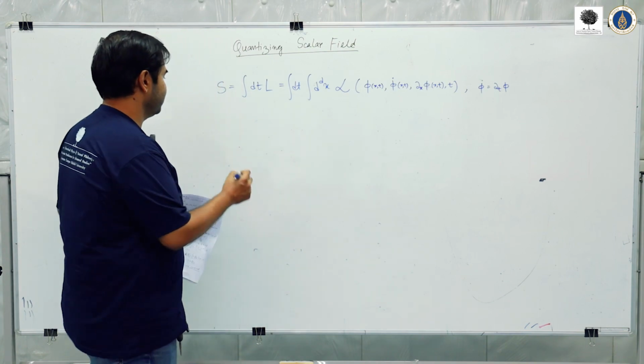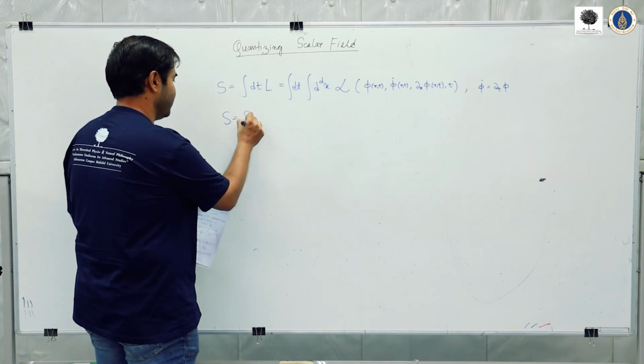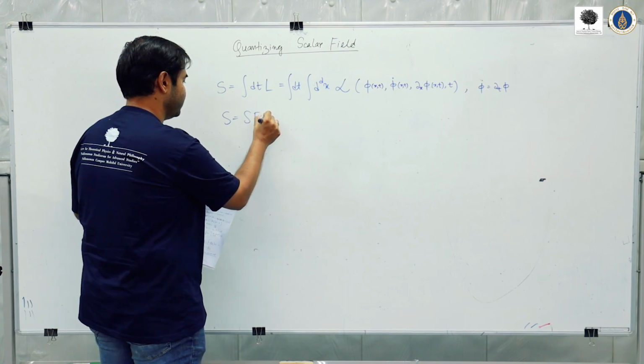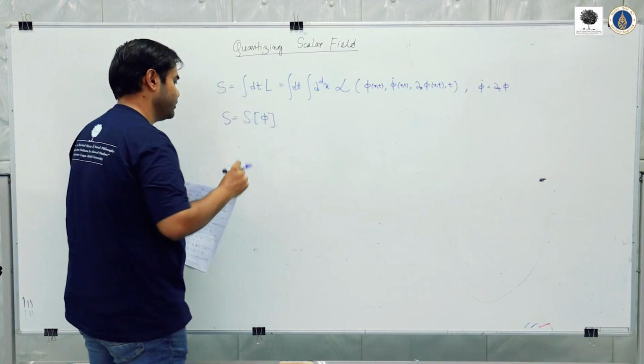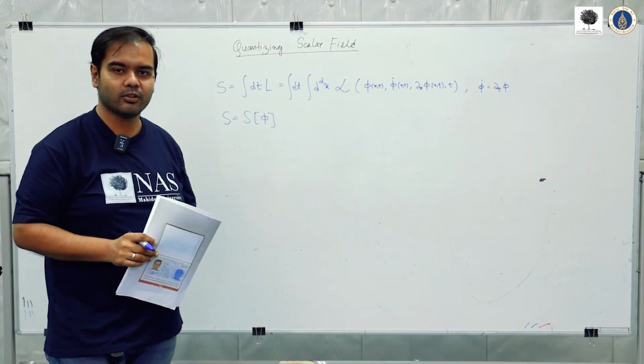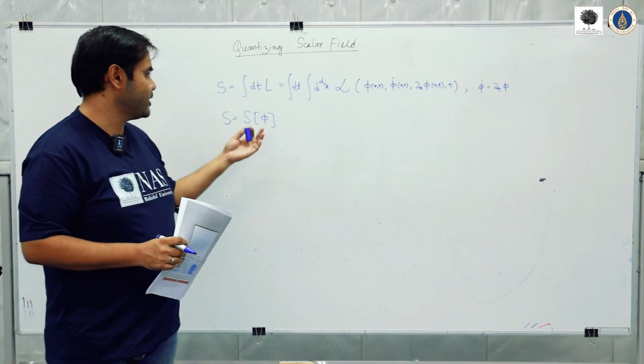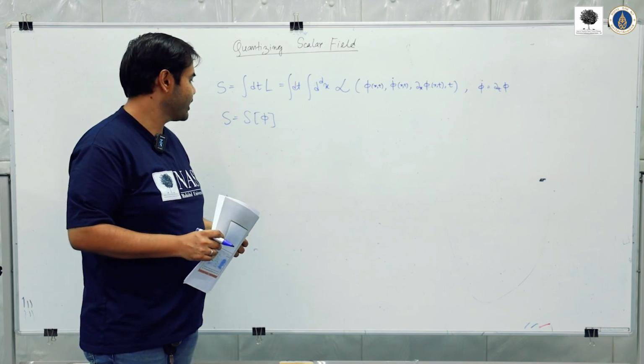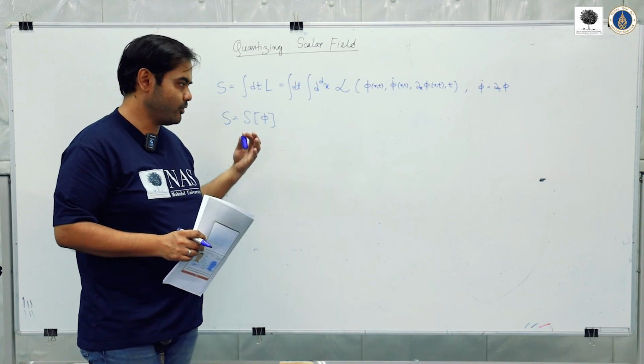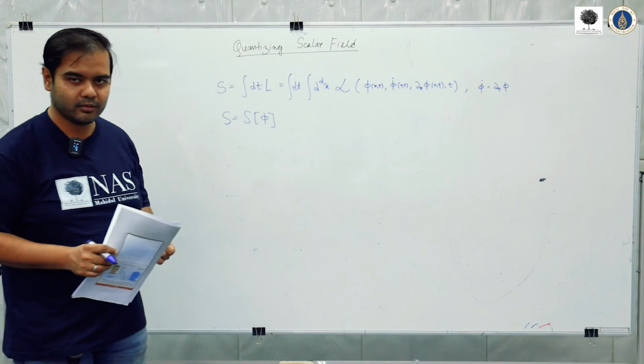So, in general, action is called a functional of the field variable. It is not a function because there are time and space integrals performed already, but it is a functional. It depends on the form of the function.